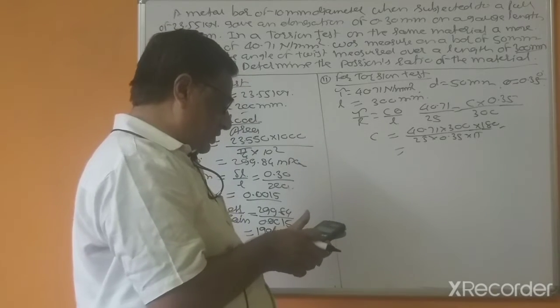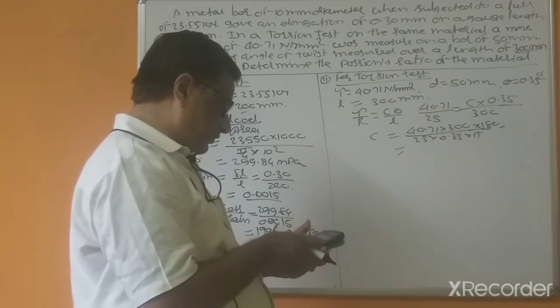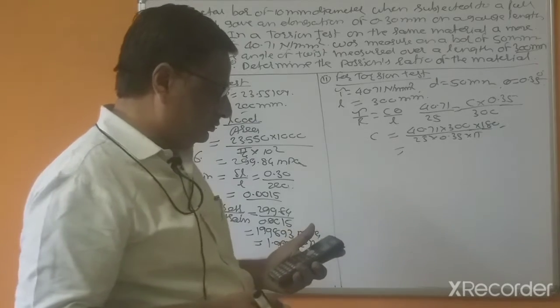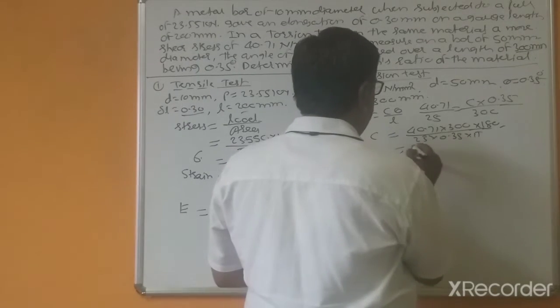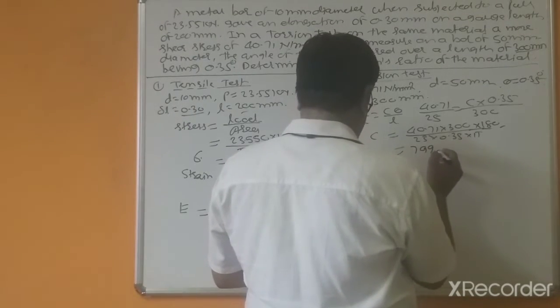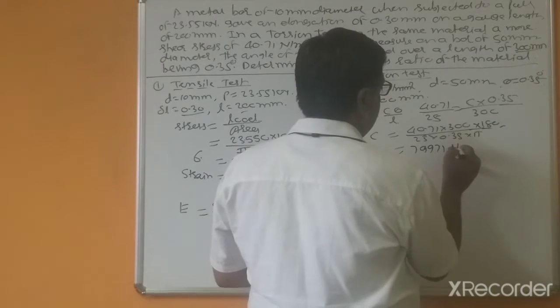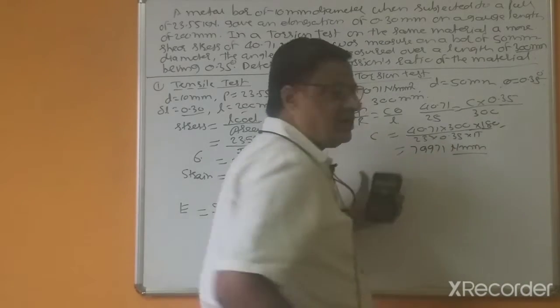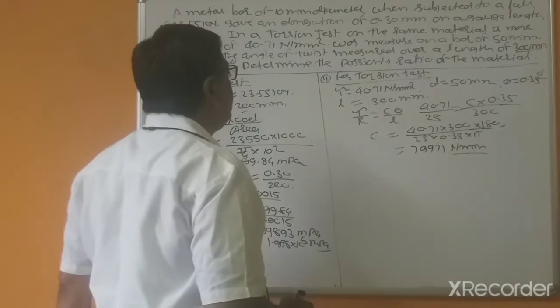So C equals 79971 Newton per mm squared. This is correct now, around 80,000.